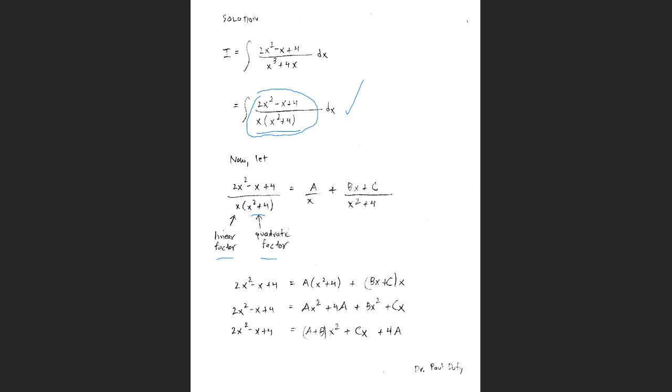It turns out that you can write the rational function as the sum of two rational functions. The first fraction has the linear factor x in the denominator. The second fraction has the other factor x squared plus 4 in the denominator.